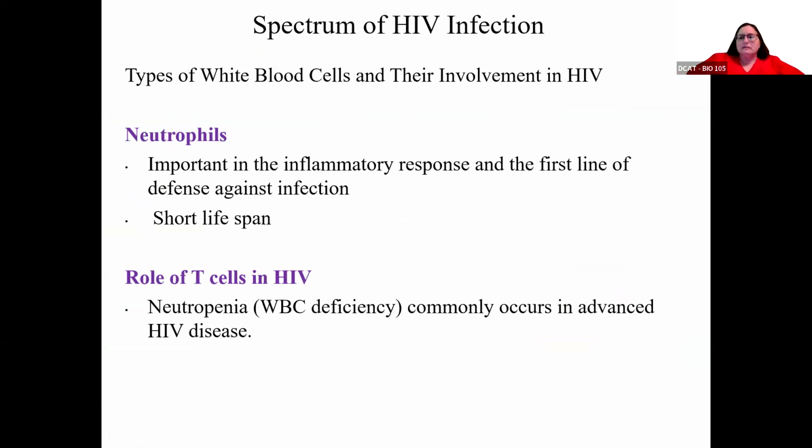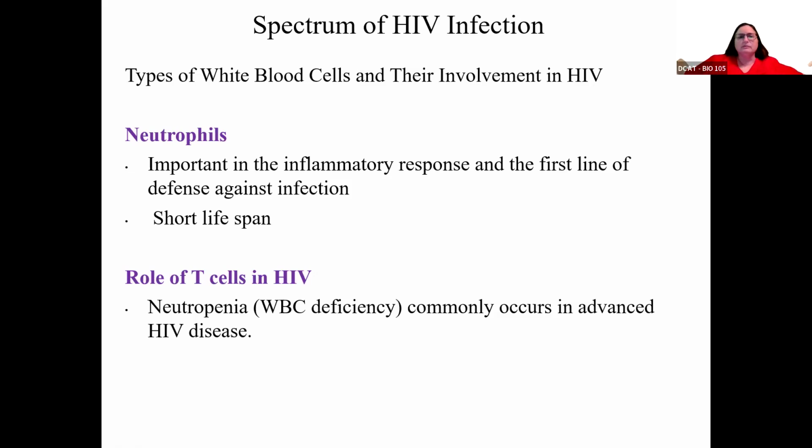So this is going to talk about the types of white blood cells and their involvement in HIV. And so this is why I wanted to show that video, because I wanted to make sure that y'all understood the roles of the neutrophils and the T cells and the cells that are being compromised during an HIV infection.